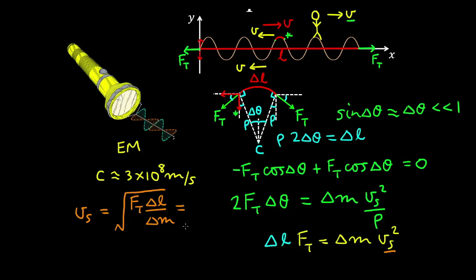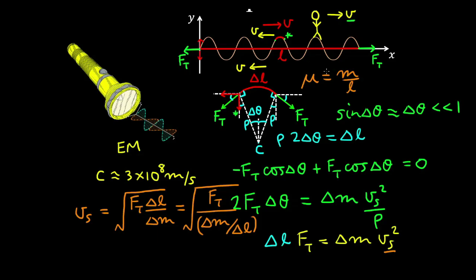Or alternatively, we can write this as a square root of the tension force on delta m on delta L. And this is the linear mass density, or mass per unit length of the string, which is typically denoted as mu, being the mass per unit length.